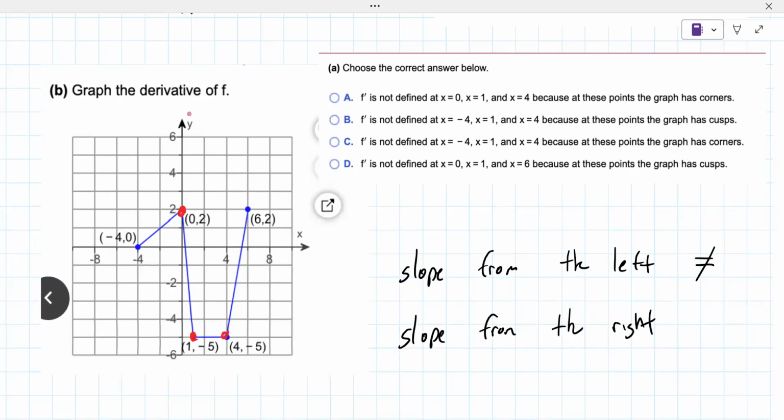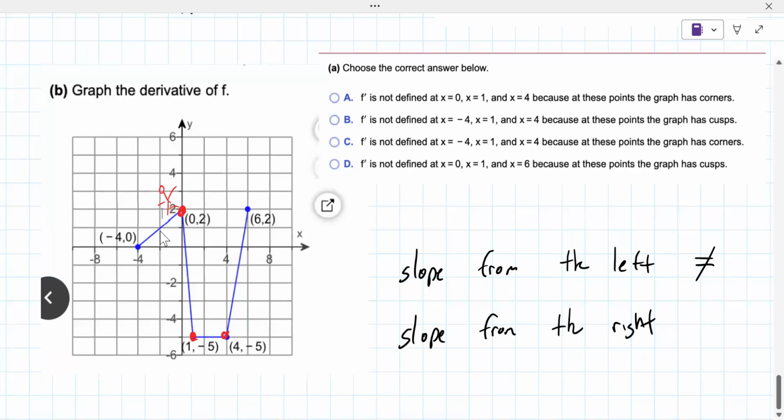Just think about walking up this ramp. What happens when you get to this corner? Is it smooth? No, it's very sharp. You fall down really badly. Same thing here: the slope from the left is this straight line down, the slope from the right is this horizontal.